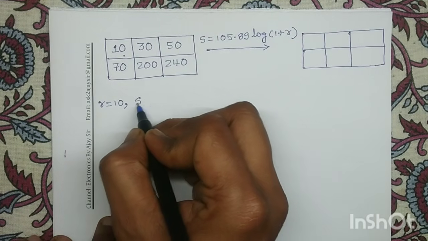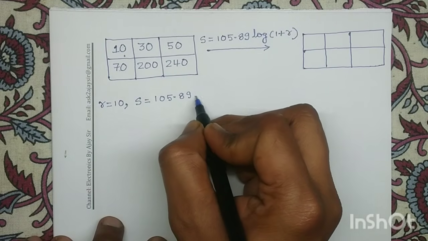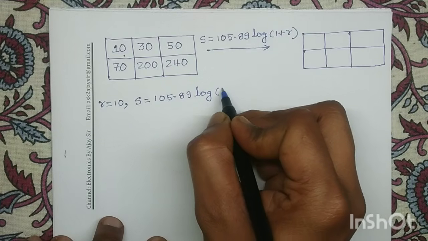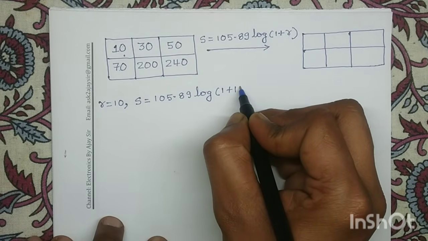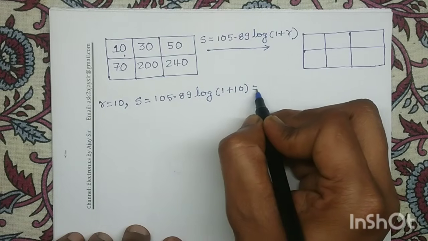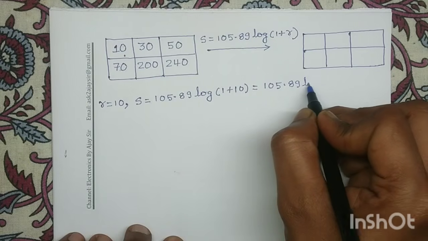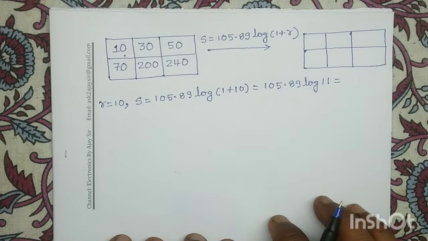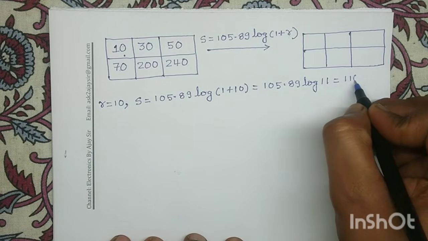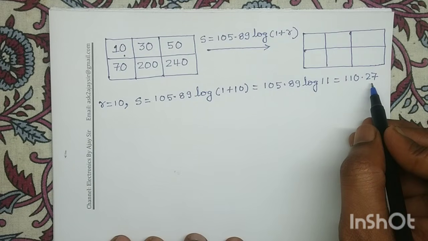So the equation of s becomes 105.89 log(1 plus 10), so it is log(1 plus 10). If you simplify this, it is log 11. And if you simplify this up to 2 decimal places, it is 110.27. Next, we will round off this number to its nearest integer number.